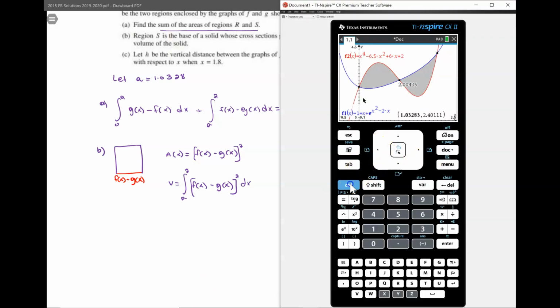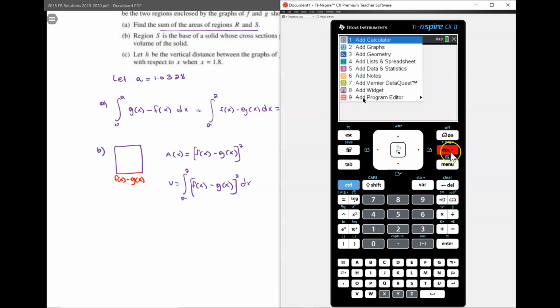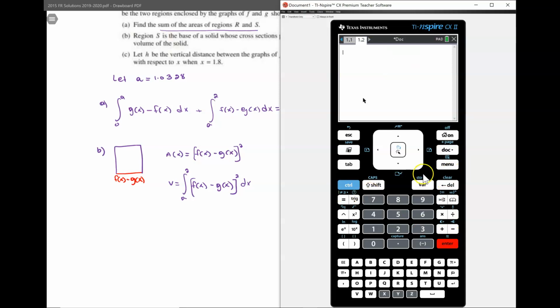And so here I'm actually going to do control, add a page, add a calculator, and I'm going to go integral from A to 0. But can't you just square that number? Yeah, but it's the integral not from before? No, because that was the area of the whole thing.